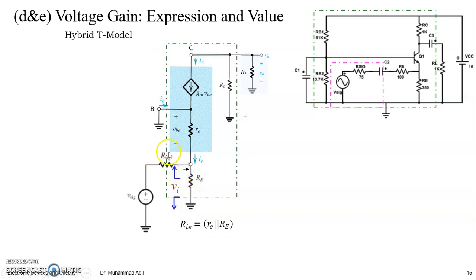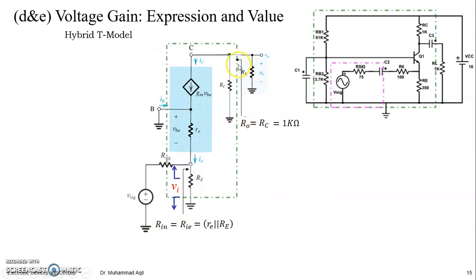Some of it will actually be wasted in R signal prime. So our input resistance is also here. Our Rin is the same here, right? Whatever we found as RiE, there is no other resistance like RB to make Rin different from RiE, right? So Rin is equal to RiE.